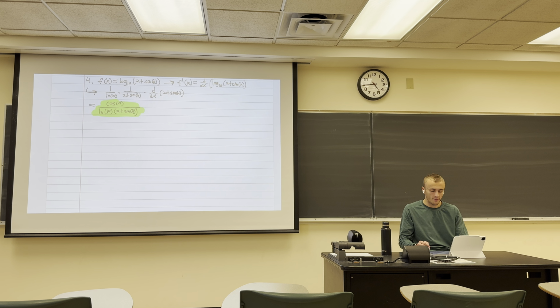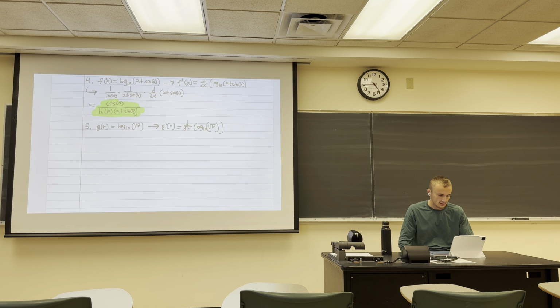Next, we're going to look at problem 5, which is going to be g of r. So again, this can be any type of function, equals log base 10 of square root of r. So we know that g prime of r, which is what we're looking for, is the derivative of log base 10 square root r.